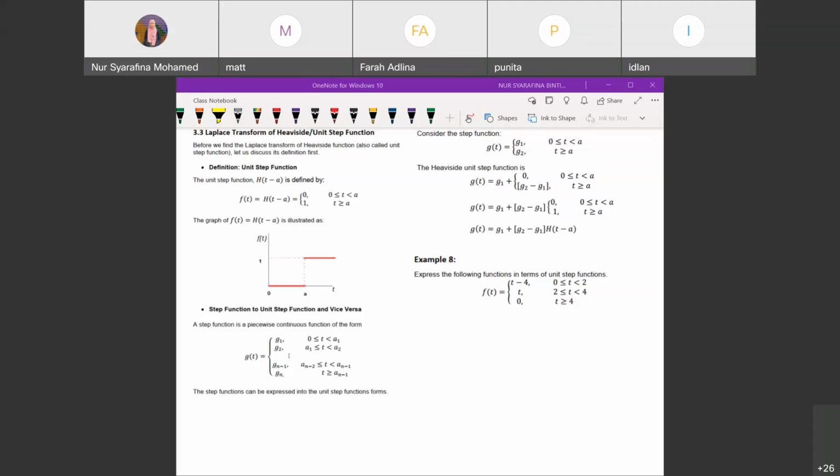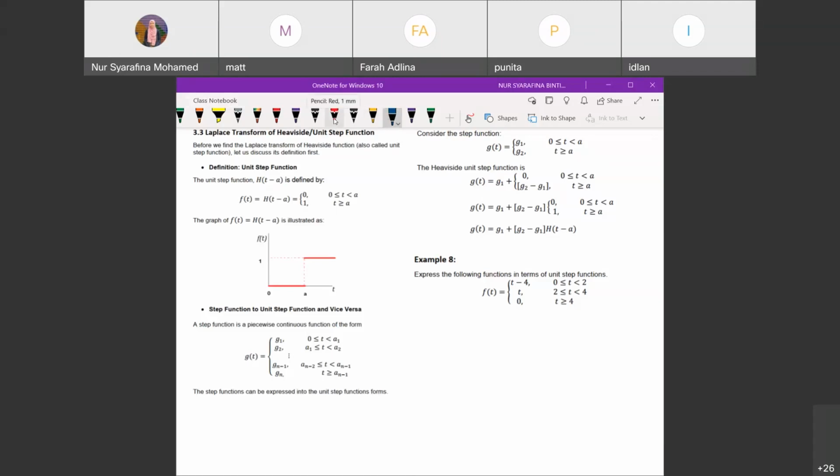So as for today, we are going to transform a special type of function, and we are going to learn a little bit more about the properties. This is one type of special function that you need to know how to transform.